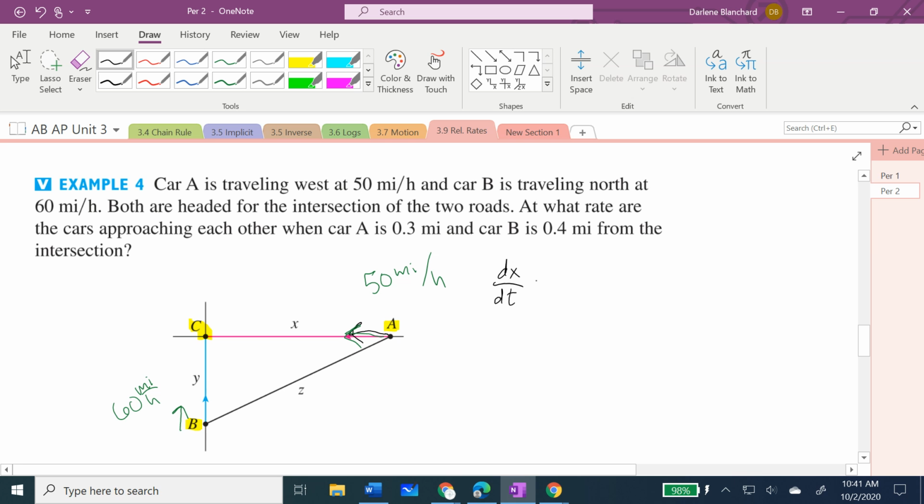It is negative because X is shrinking. The distance X is shrinking, and it's going to shrink at a rate of 50 miles per hour, the speed that that car is going.